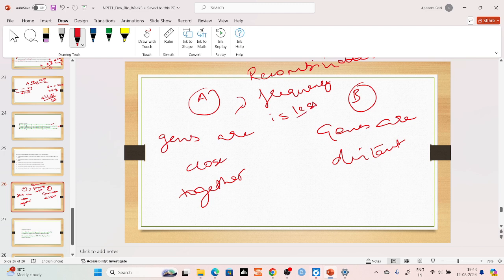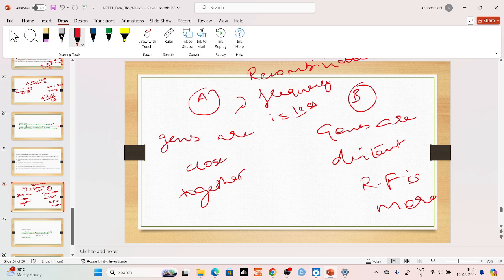Whereas when genes are very much apart from each other, then there are more chances of recombination, so recombination frequency is more. So if the two genes are very close together, the chances of recombination are less.